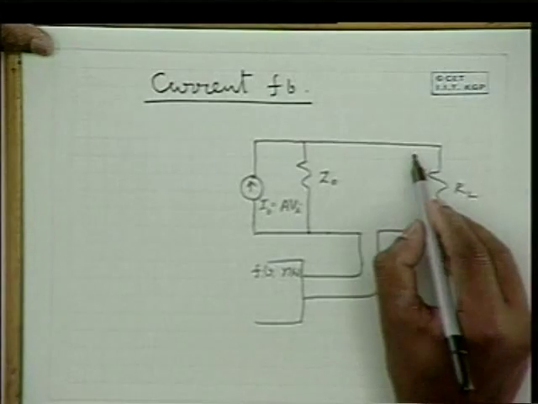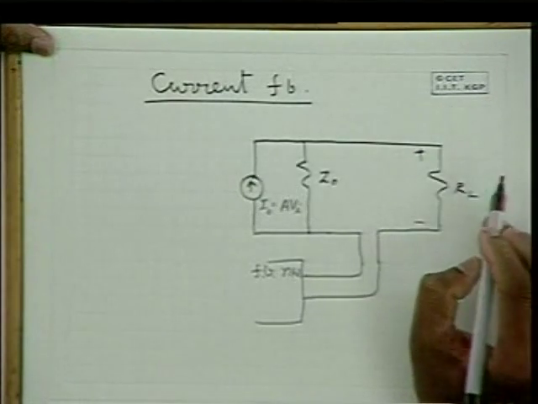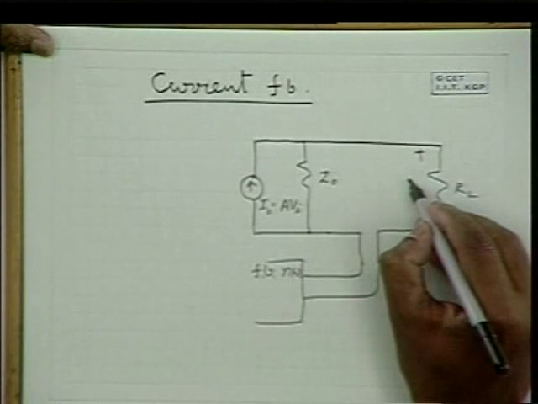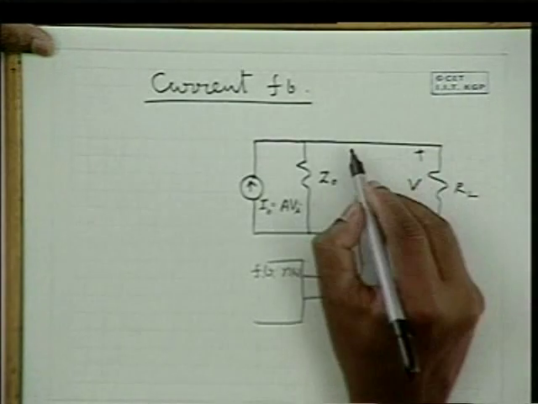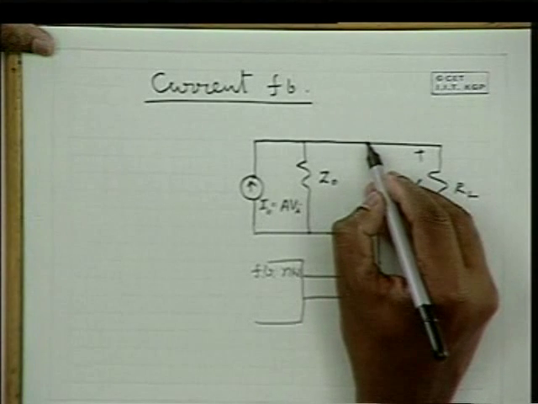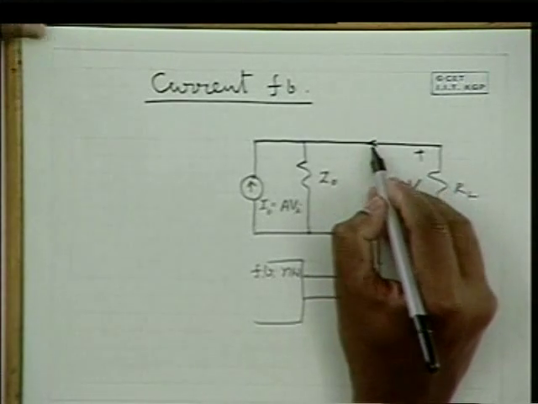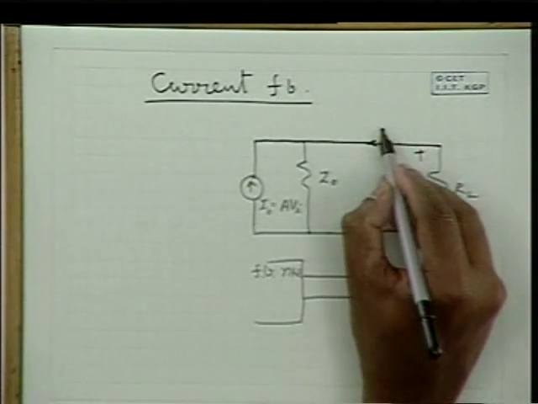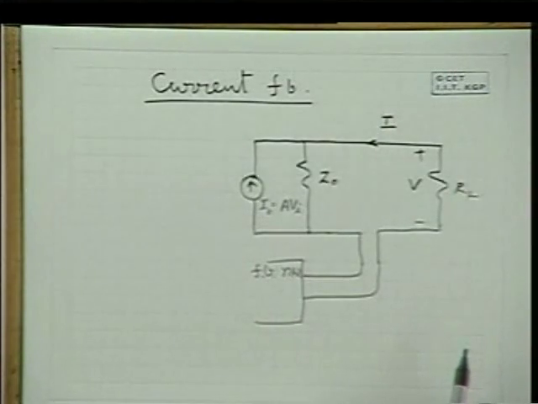Now, when you apply an output voltage, remove this load and apply a driving voltage of V, you expect some current to flow, and let this current be I, because I use the symbol I0 here.